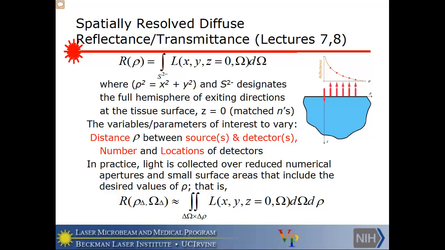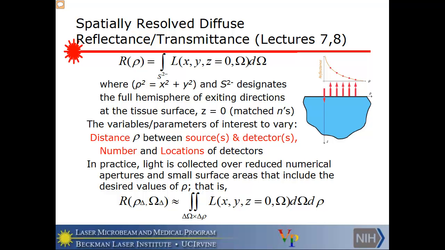A manifestation of the spatially resolved case is this one, where you look at simply the light field that's reflected, the reflectance as a function of rho, the distance between the source and the reflectance point or the detector.